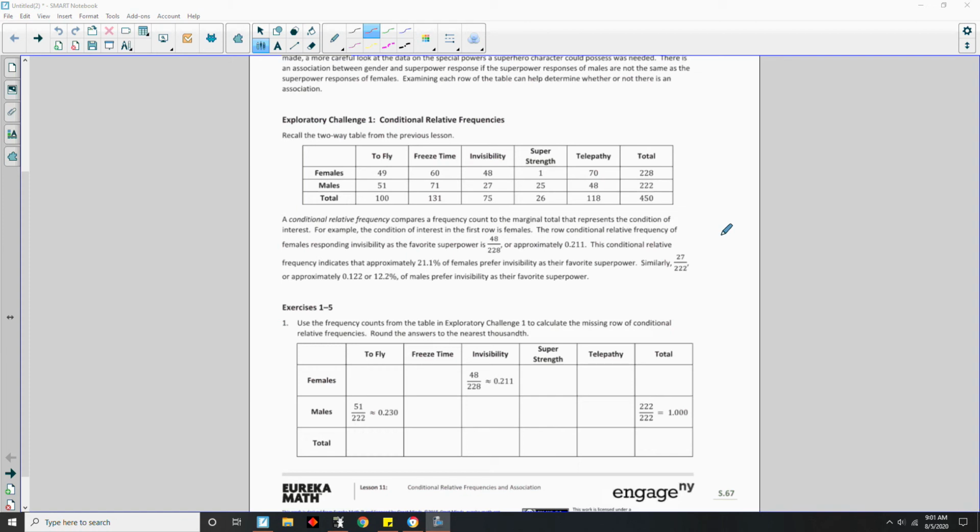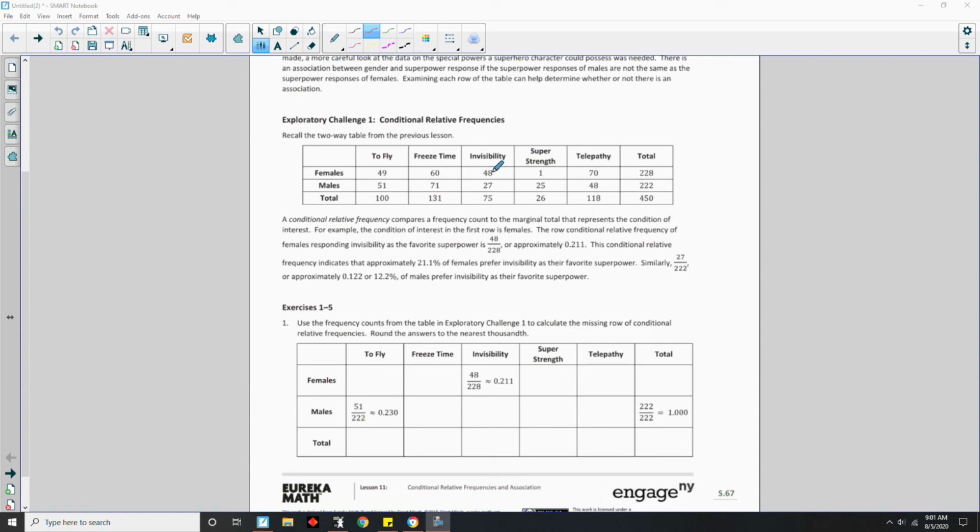The row conditional relative frequency of females responding invisibility as the favorite superpower is 48 out of 228, which is right here, or approximately 0.211, which is 21.1%. The conditional relative frequency indicates that approximately 21.1% of females prefer invisibility as their favorite superpower.